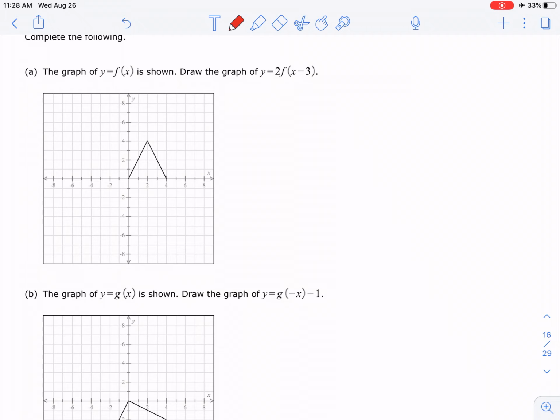So for this one, we're going to move the graph to the right because it's negative 3.